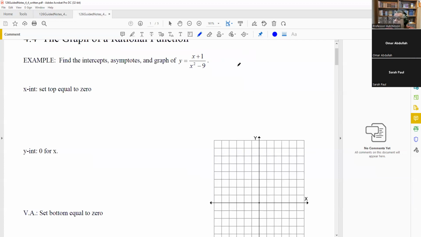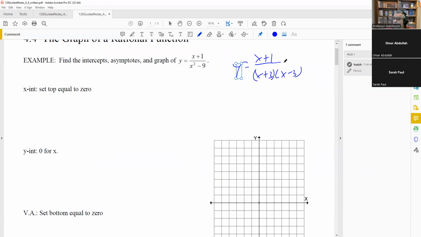This is our first question. So again, for these kind of questions, it is good to factor it first, just in case there's something that you can cancel. This one, there's nothing that can cancel, but it's always good, again, to factor it. x plus 1 over x plus 3, x minus 3. Okay, so x-intercept, you're going to set the top equal to 0, just like we did in the previous section.